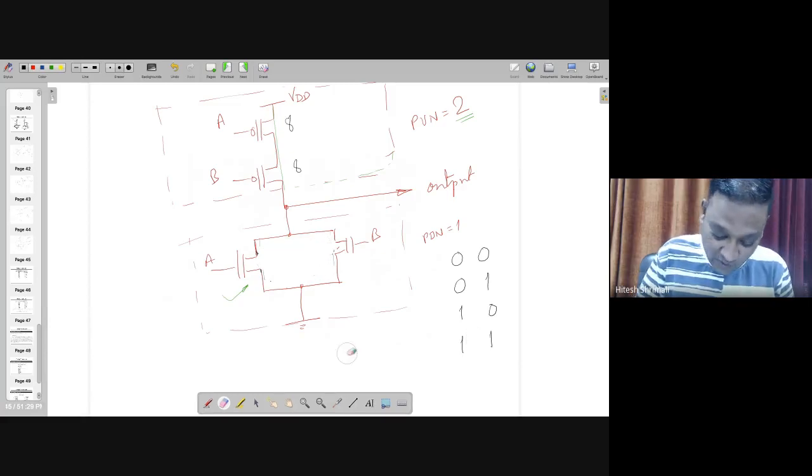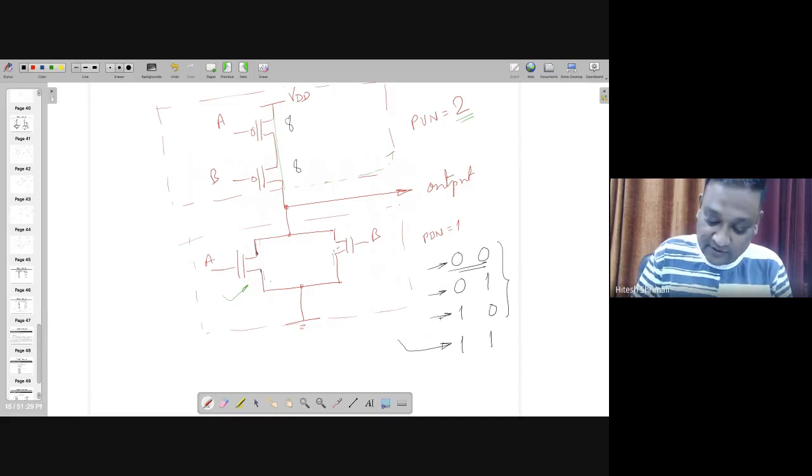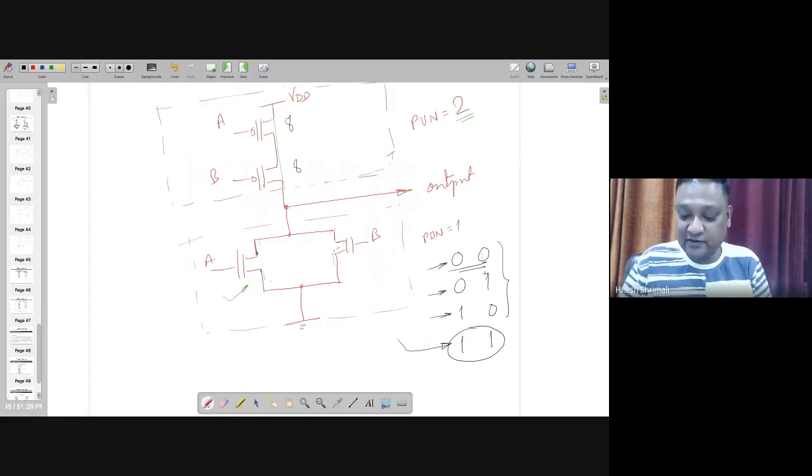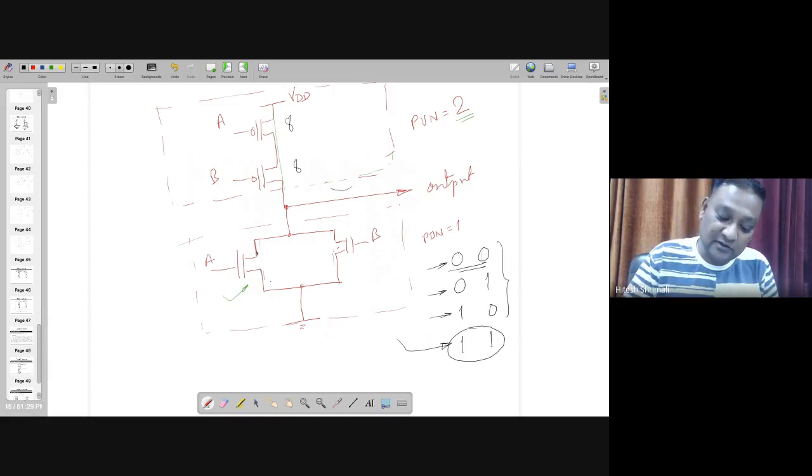So you are designing only for one combination of A and B, but what I am designing is not for one, but for three logics: the first is 0-0 when both A and B are off, the second is 0 and 1, and the third is 1 and 0. So I'm not designing for the fourth one, but for 3 different logics where the up direction and down direction are the same.